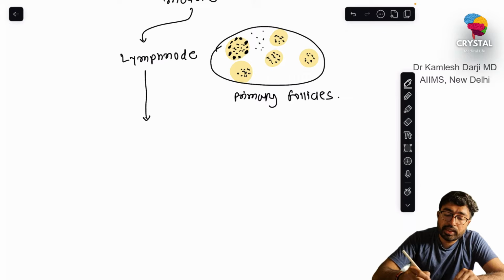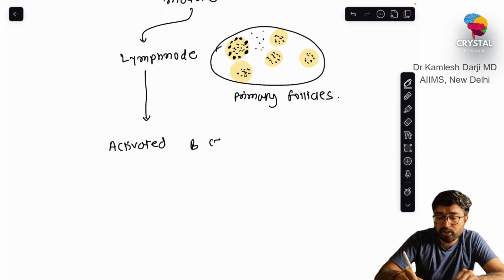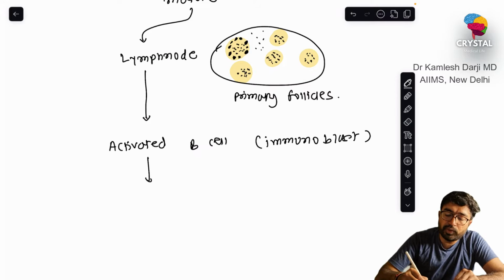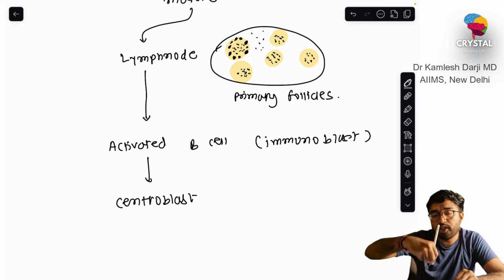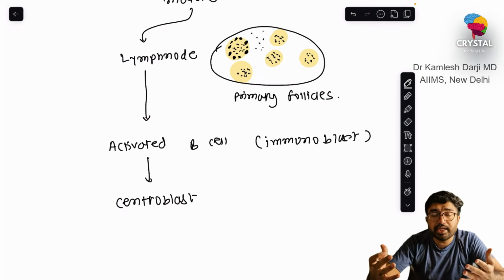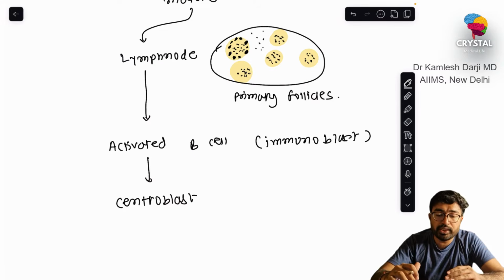Now these activated B cells, also called immunoblasts, will convert into centroblasts. They will migrate to the center of the follicle and make the secondary follicle. This one is the primary follicle.